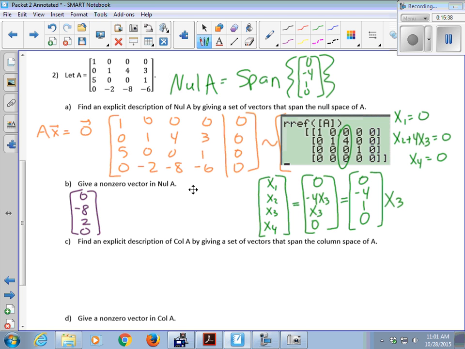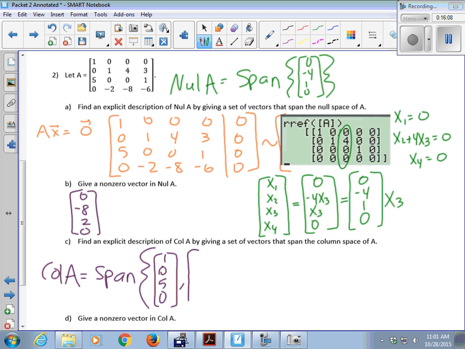All right, so think about the definition of col A. Its definition is a set of all linear combinations of the columns of A, right? The definition of span is a set of all linear combinations of the things in the set, right? So col A is the span of the columns of A. 1, 0, 5, 0. 0, 1, 0, -2. 0, 4, 0, -8.